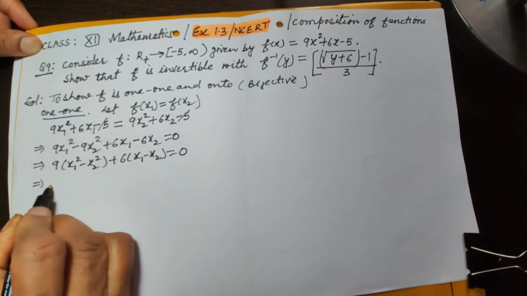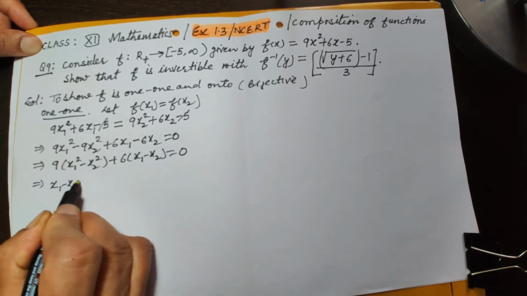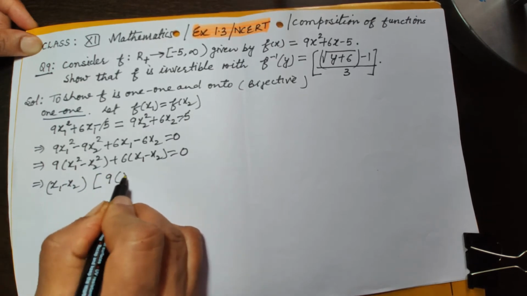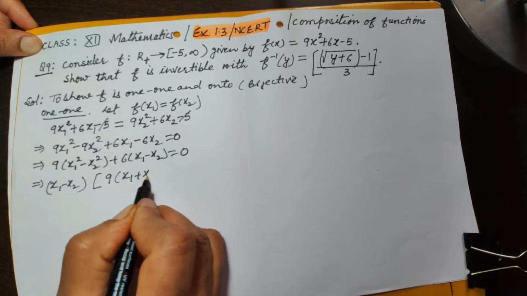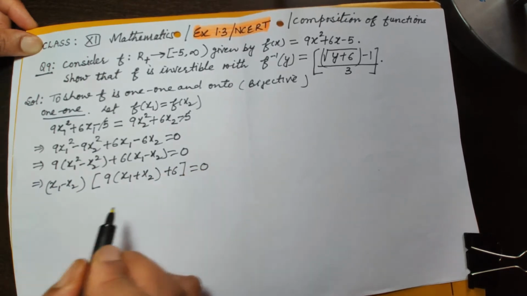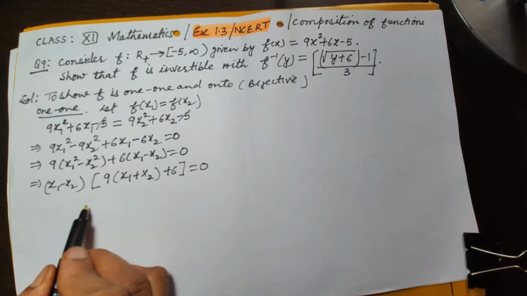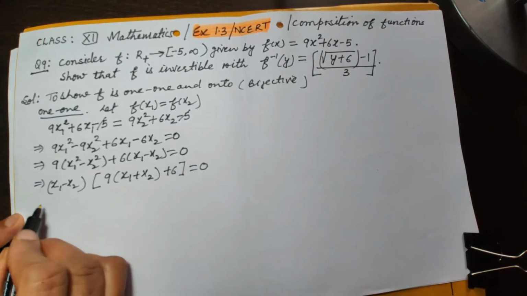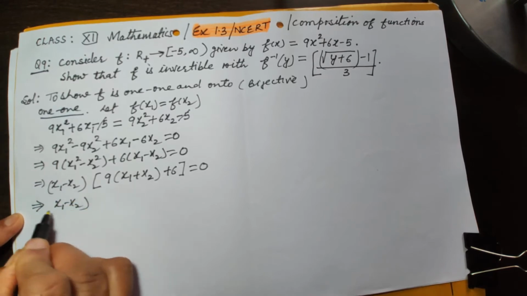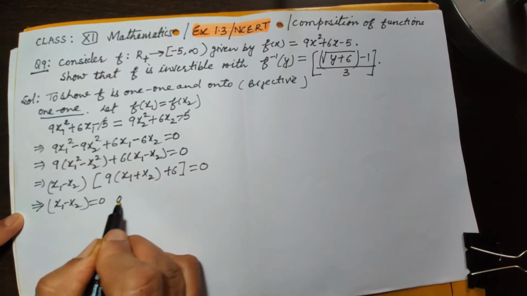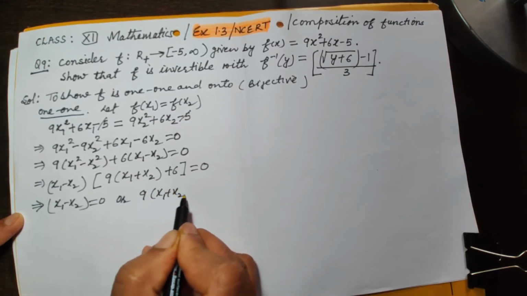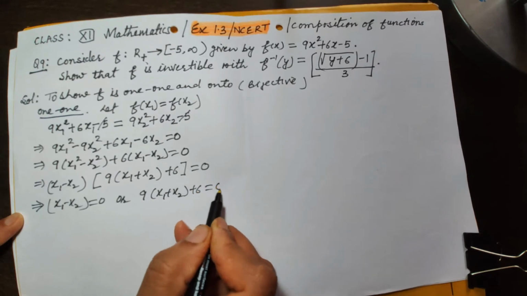So x1 minus x2 is a common factor. Take that out. You are left with 9 times (x1 plus x2) plus 6 equals 0. The product of two terms is 0. Either the first is 0 or the second is 0, which implies x1 minus x2 is 0, or 9 times (x1 plus x2) plus 6 is 0.